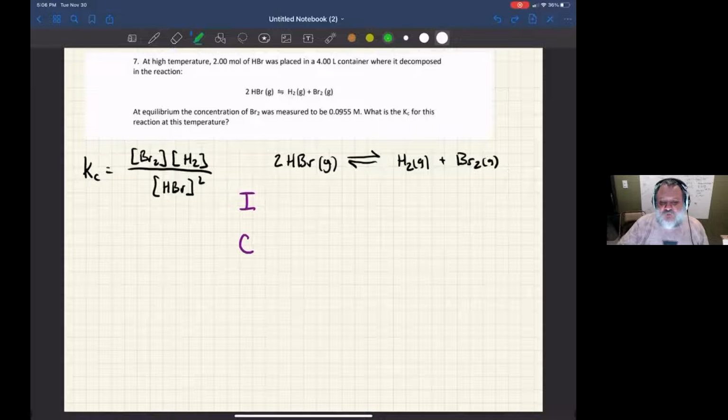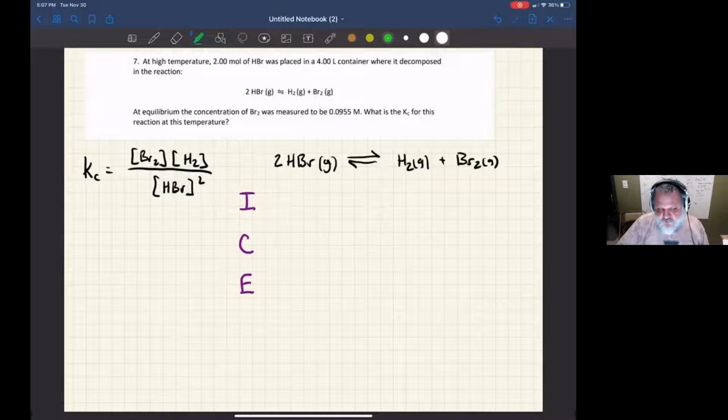So I for initial, C for change, and then use those two things to come up with an expression for what the equilibrium concentration will be in terms of the initial concentration and the change in the initial concentration. You'll see here in a second how we deal with that.